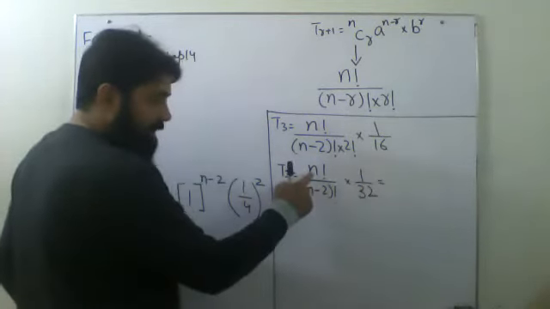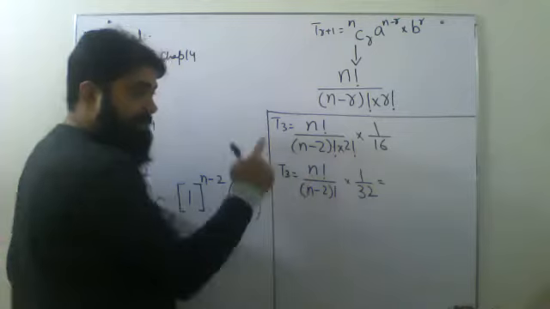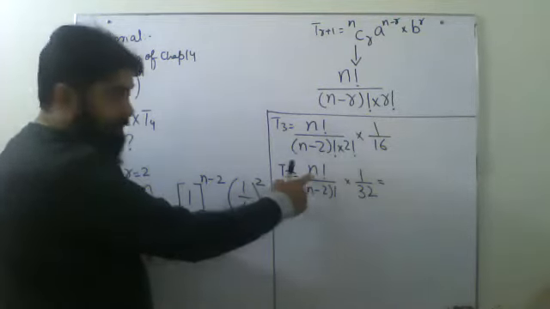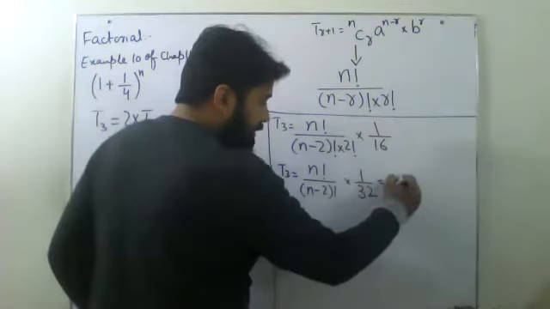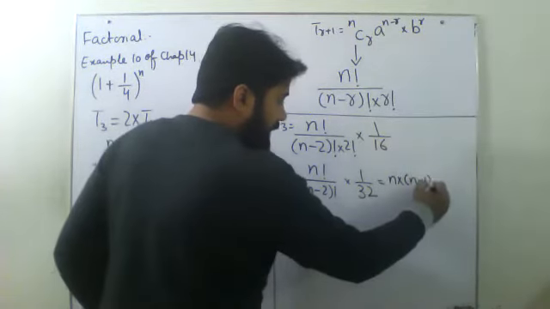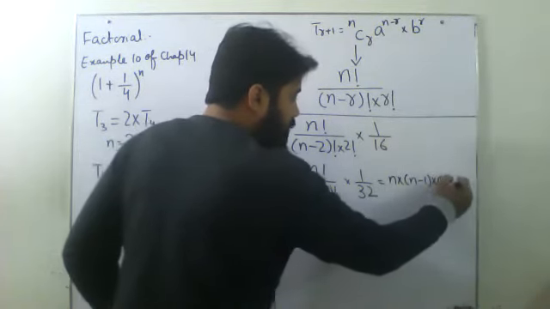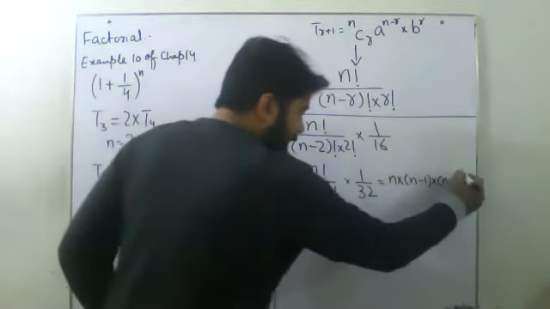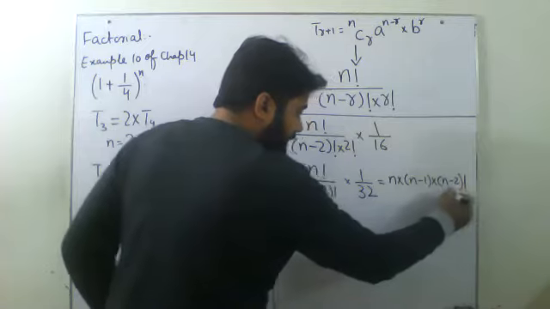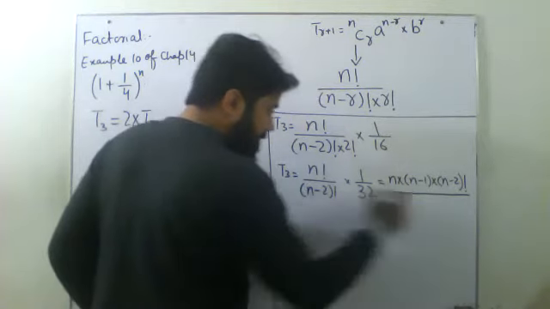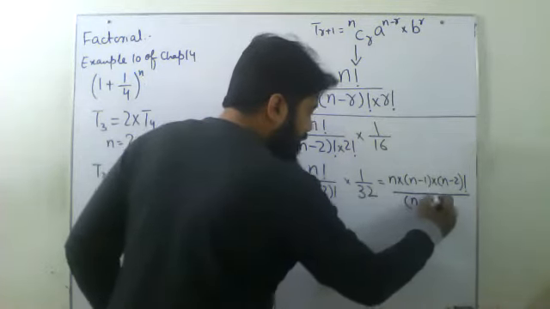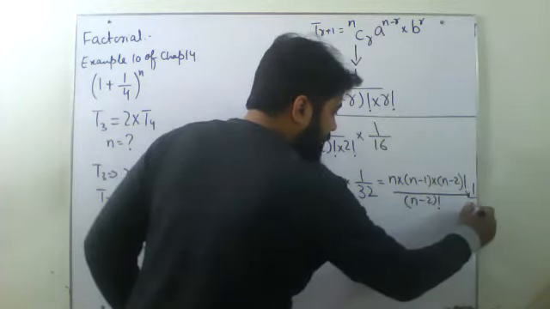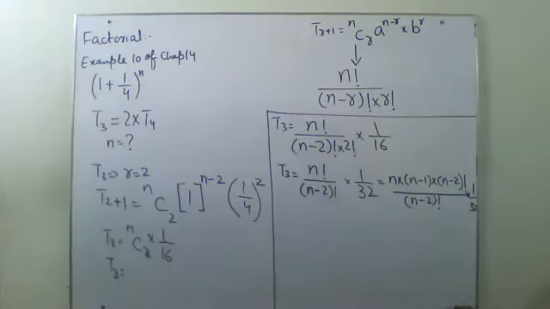Which one will I expand? This is n factorial, meaning n minus 0 factorial. I can expand this part: n into n minus 1 into n minus 2. As soon as I see the denominator, I will stop there, divided by n minus 2 factorial, multiplied by 1 over 32. That will remain as it is.